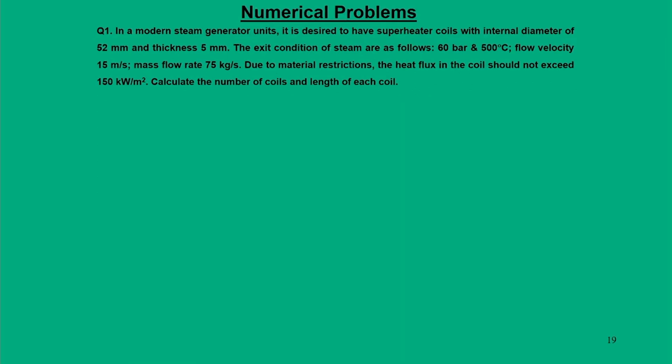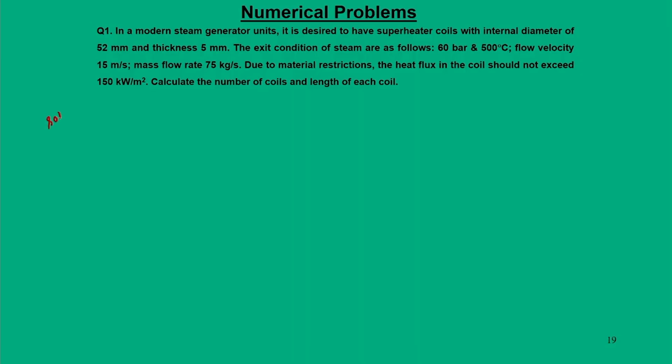So, with this viewpoint, let us see some numerical problems that can be attempted in the topic of superheater attemperator, and of course, the heat loads on the water tube boiler. The first problem talks about a modern steam generator unit in which a superheater coil has to be incorporated.